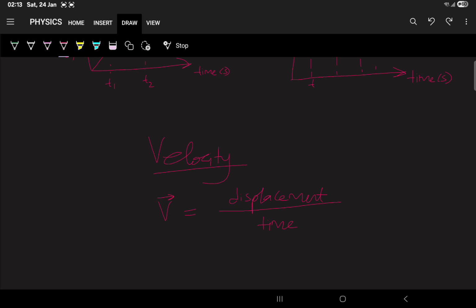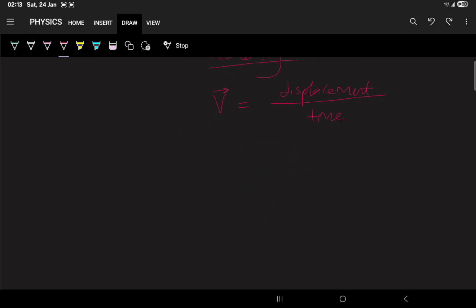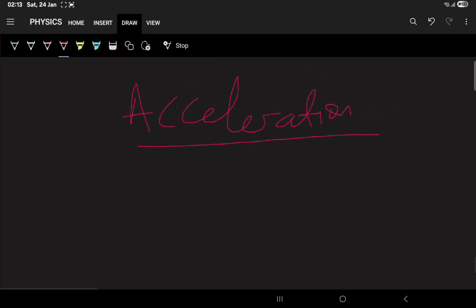Now lastly, let's talk about acceleration. Now acceleration is simply rate of increase in velocity. So acceleration, as stated, is the rate of change of velocity.